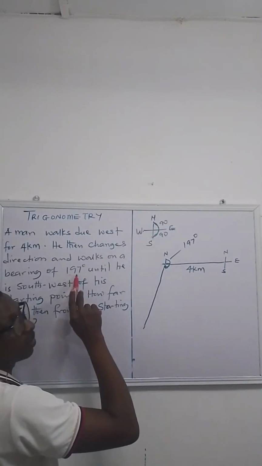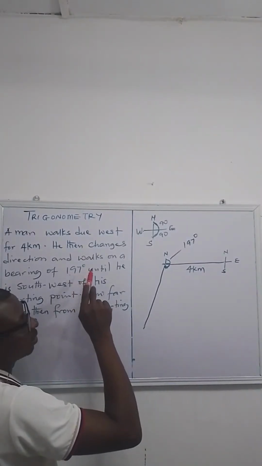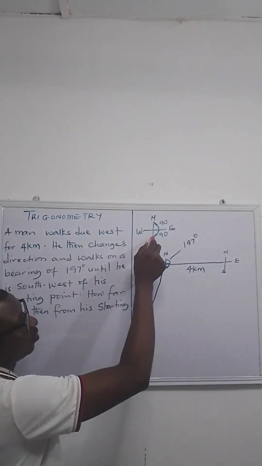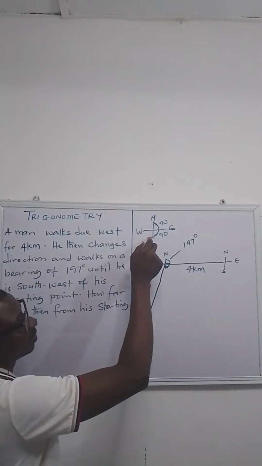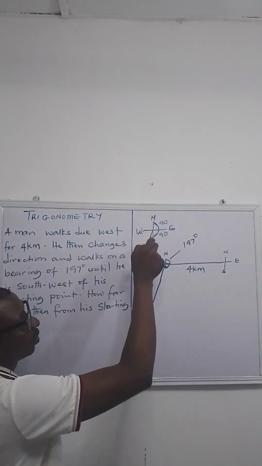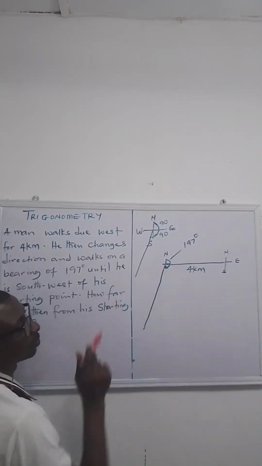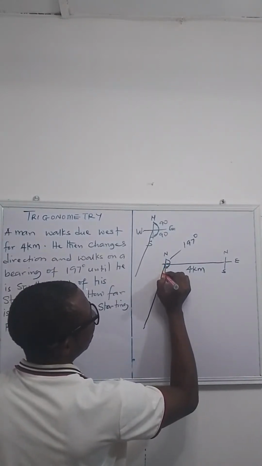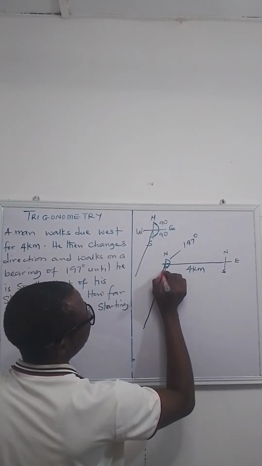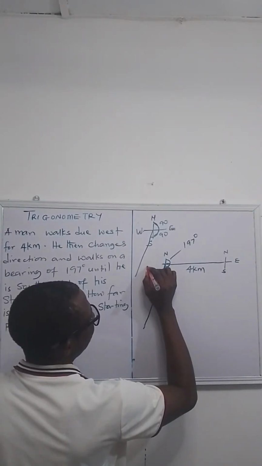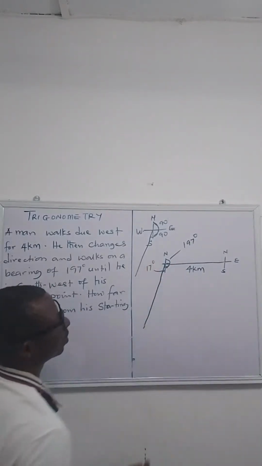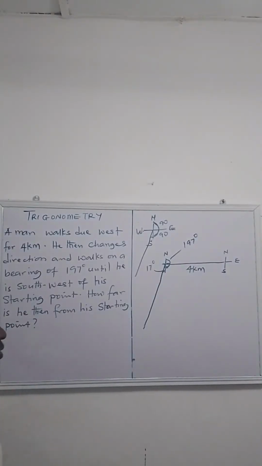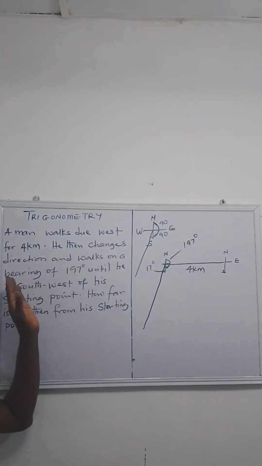Now it's going to 197. So after 180, it needs to move 17 degrees more to get to 197. So we have a small angle here. The small angle here is 17 degrees.